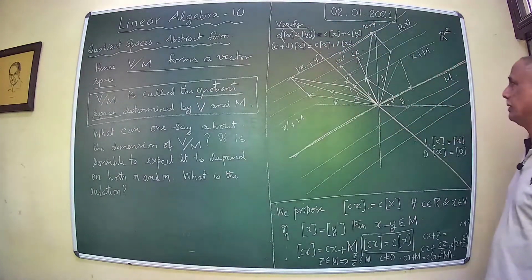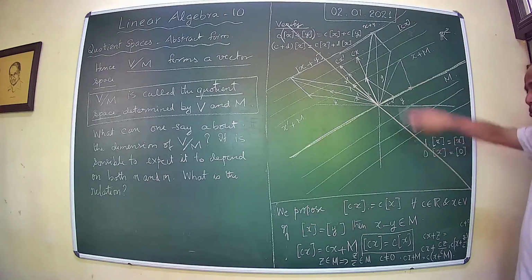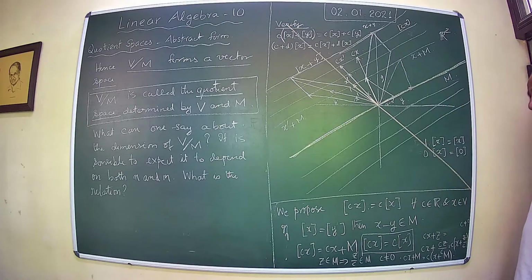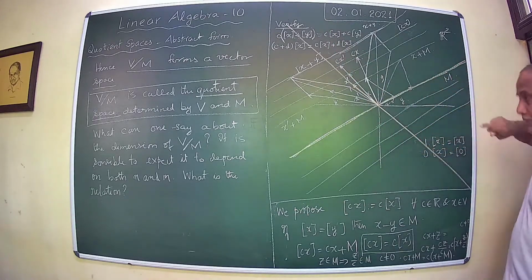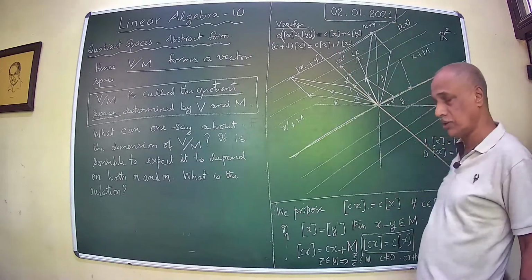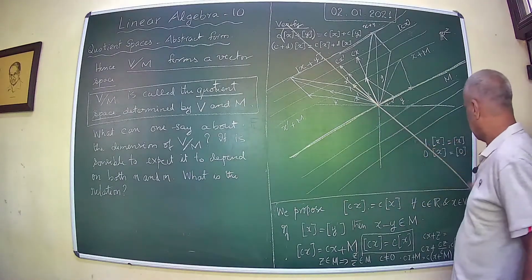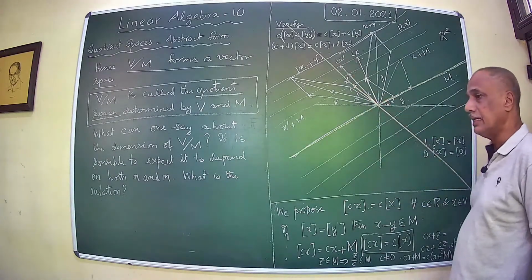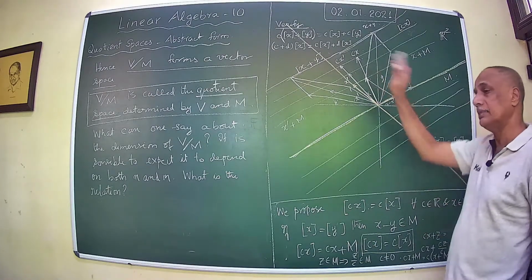And what is the implication? You can add two such elements, say X and Y lying on this line, and if you add them, you end up with another point on this line. Or if you take a scalar multiple of the particular X that generates this line, then it is going to be another point on the same line.